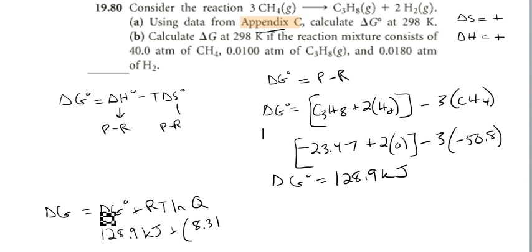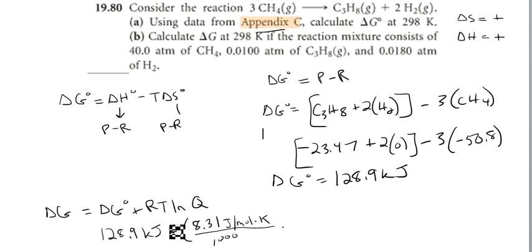Some worksheets we're using was 8.3145, and the textbook uses 8.314. On the AP equation sheet, it just has 8.31. So whichever one is fine. But we do have to remember that's in joules per mole times Kelvin. And because we're using it in the delta G equation, we have to divide that by 1,000 to have kilojoules.